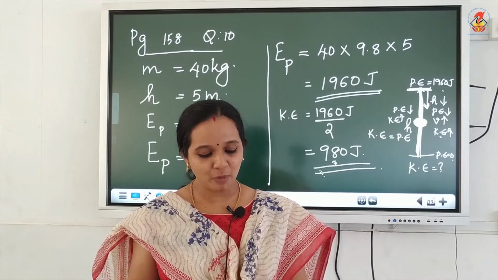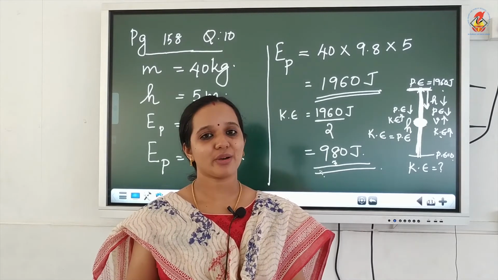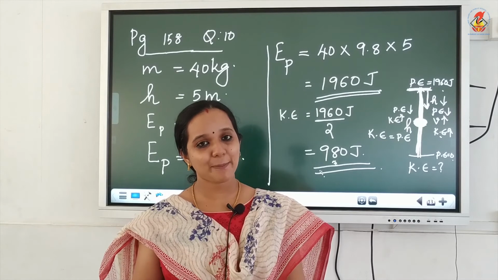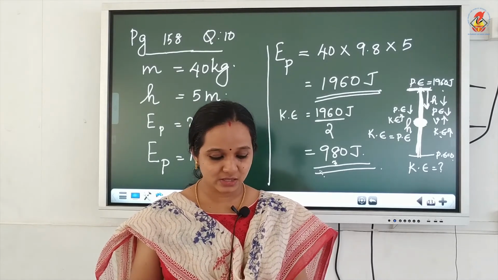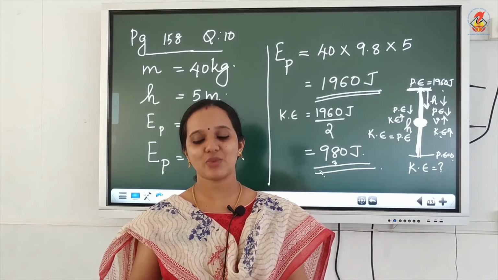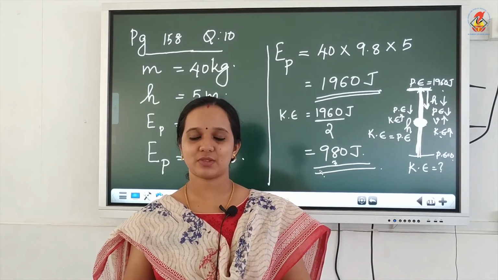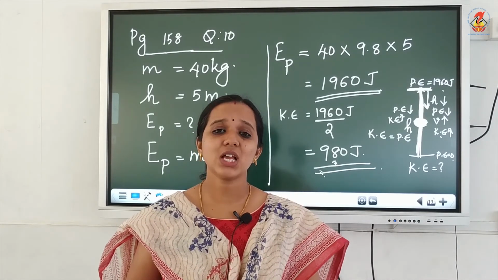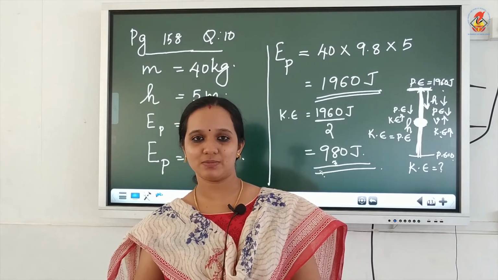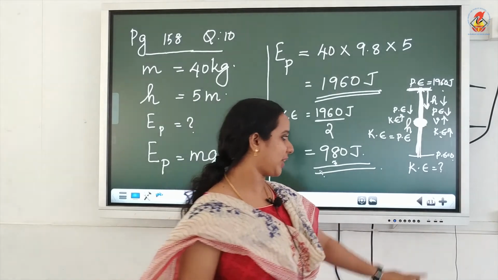Why does the bob eventually come to rest? What happens to its energy eventually? Is it a violation of law of conservation of energy? That is, you need to explain law of conservation of energy using simple pendulum. That is question number 15.